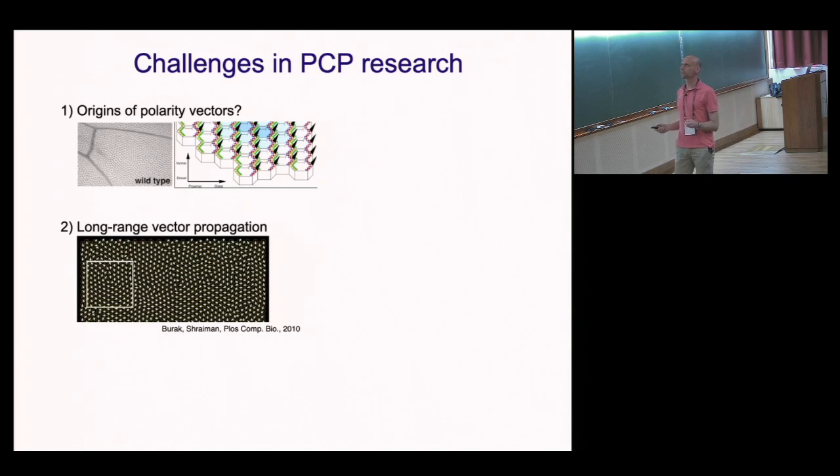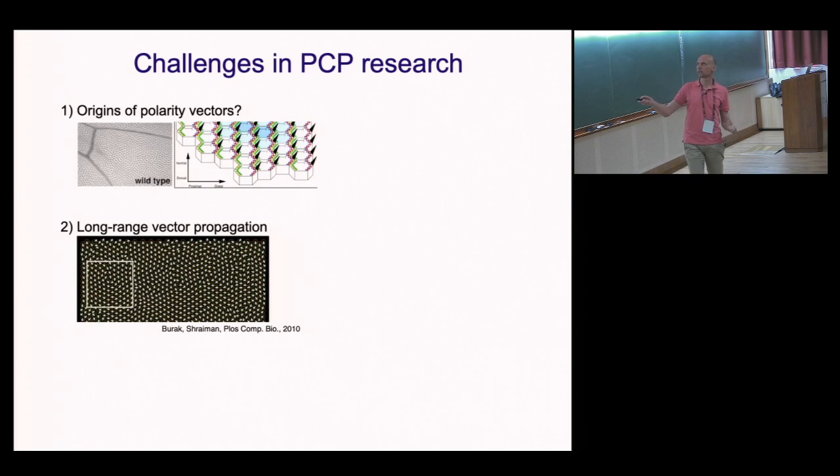Secondly, there's the question of long-range vector propagation. And this is, again, think about this as individually polarized units that are coupled by neighbor-neighbor coupling. So actually, one of the challenges in such systems is to avoid the system from getting trapped in local minima, right?